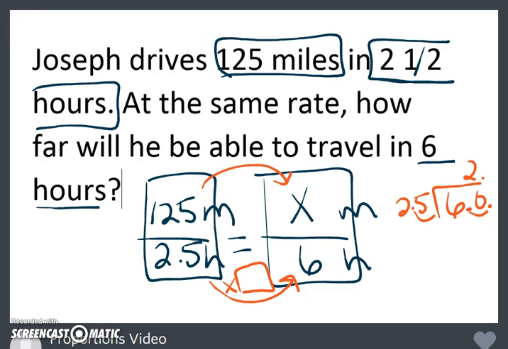So 25 goes into 60 2 times. That's 50. And then add a 0, bring it down. 25 goes into 100 4 times. So that means I'm going to multiply by 2 4/10 here. So I should do the same thing here, 2 4/10. So 125 times 2 4/10 is going to give me X.